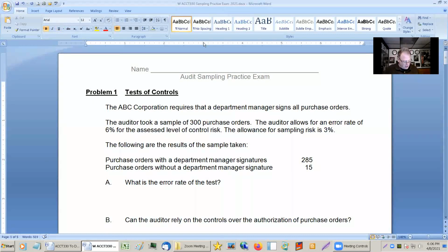And you recall that these are yes, no tests, and something called sampling for attributes. So these are yes, no tests.